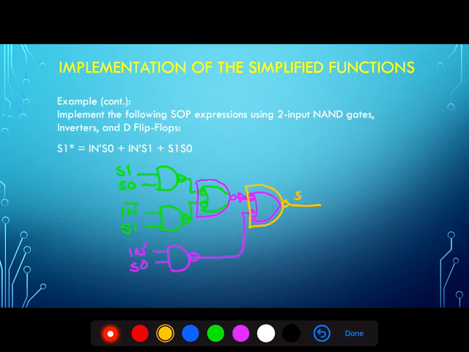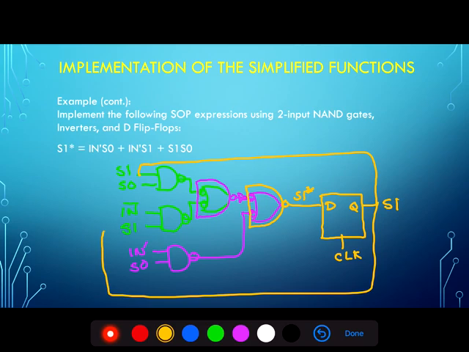So now we've produced S1 star, which is the next state of S1. And in order to buffer it from the present state of S1, we'll just put it into a D flip-flop once again, and the output of that D flip-flop will be the present state of S1, which will be fed back into our inputs for S1.